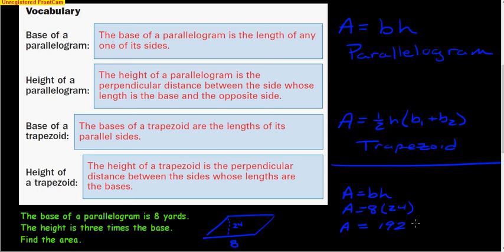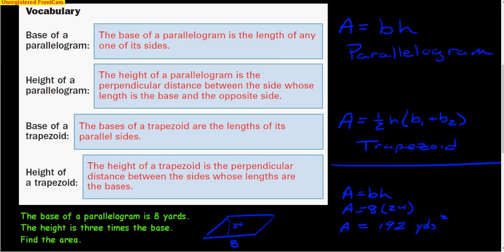And let's make sure that we include the units. We've said all along that if you have an area, your units are always squared. So I'm going to put down yards squared. All right, so very simple. For example 1 there, I think most people could have done that if I gave you the formula, and maybe I didn't even have to give you the formula, but most people could have done that already.